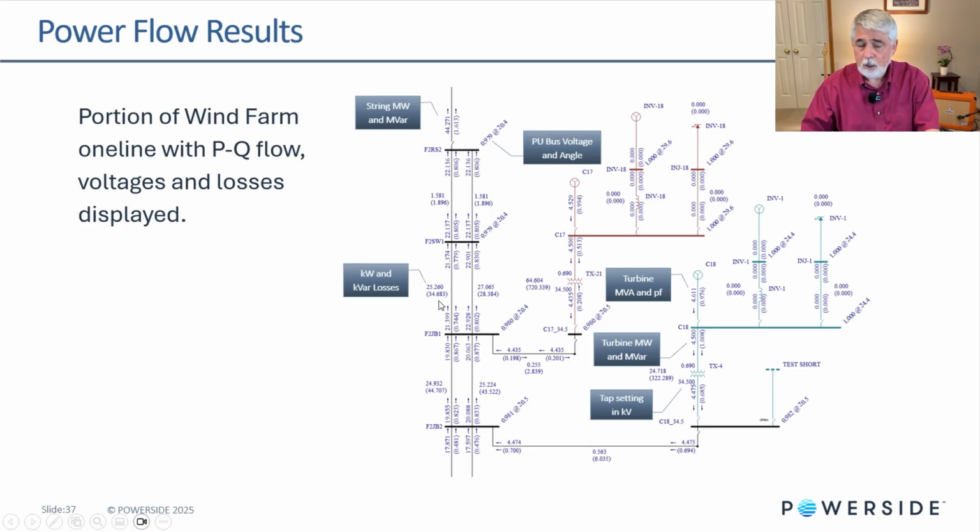This particular tool and simulation allows you to put losses right on the one-line. Turbine MVA and power factor are shown here for the wind turbine. Here's the turbine megawatt and megavar being delivered to the step-up transformer and the actual tap setting on the transformer as well. This happens to be a fixed tap transformer.